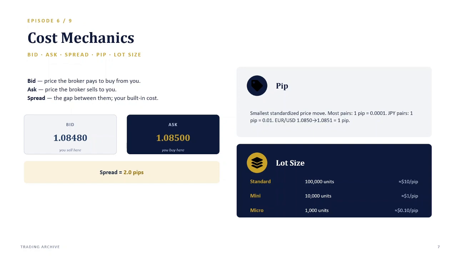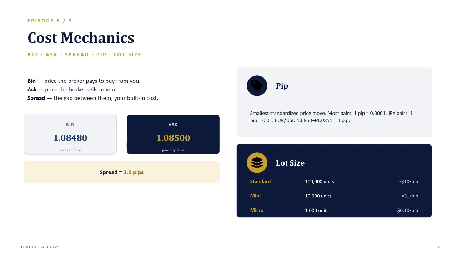The difference between those two prices is what we call the spread. The spread exists on most brokers because they need to make money. You have to get some commission at some point. So these guys profit from spread.